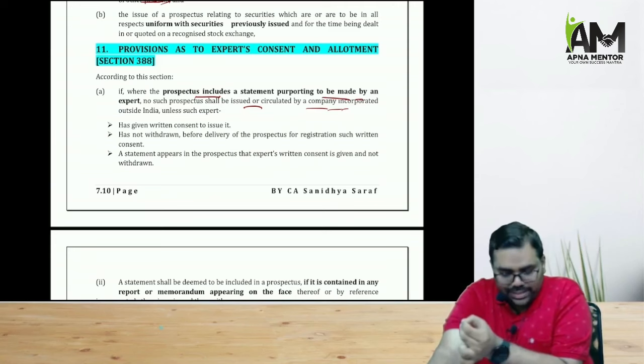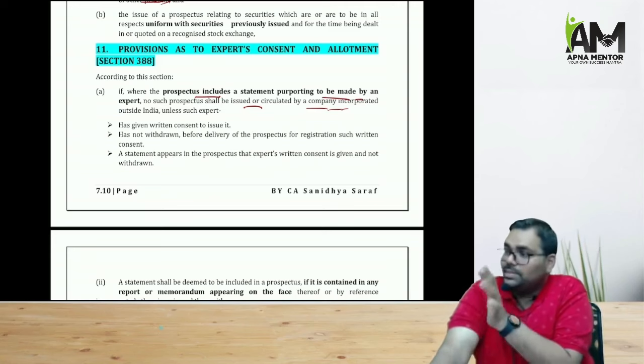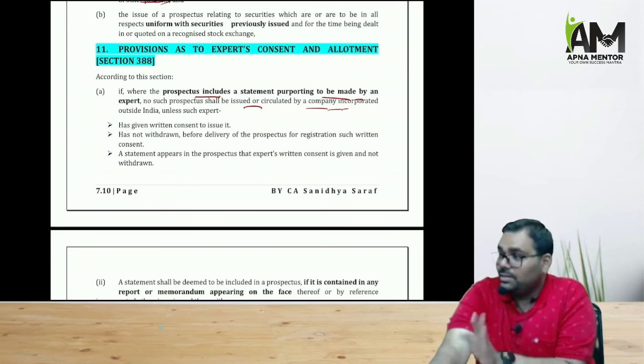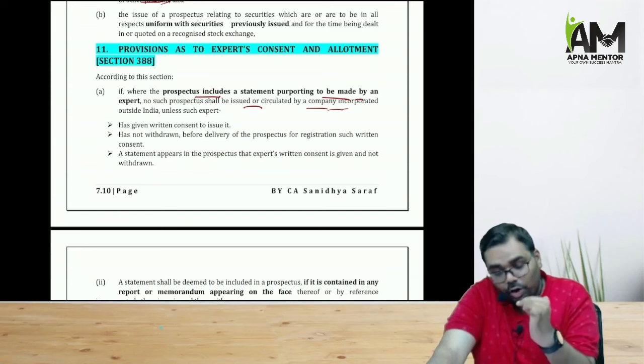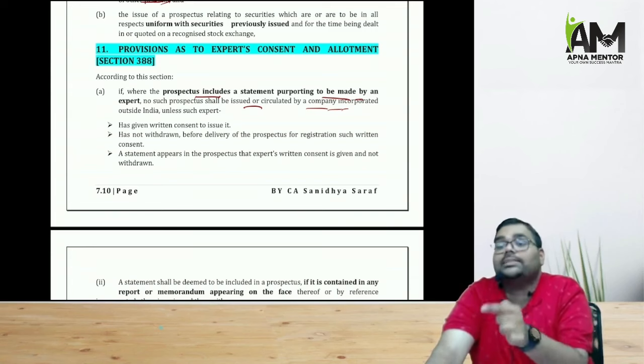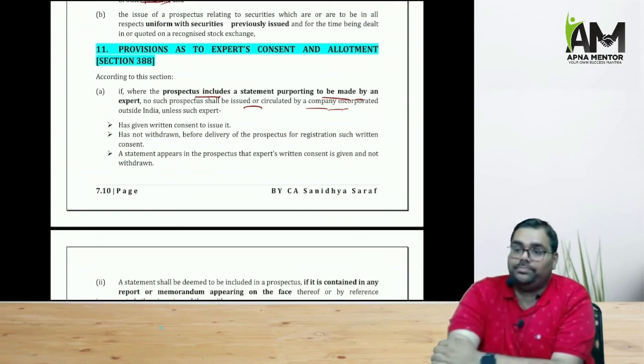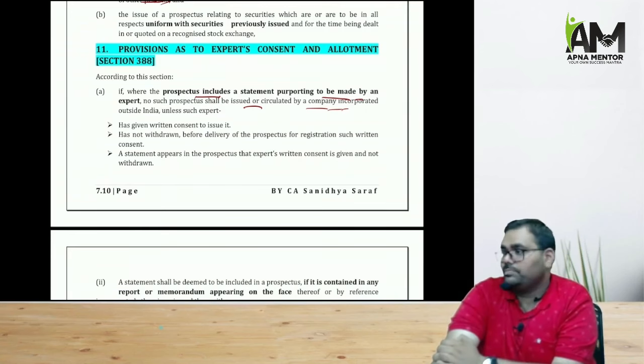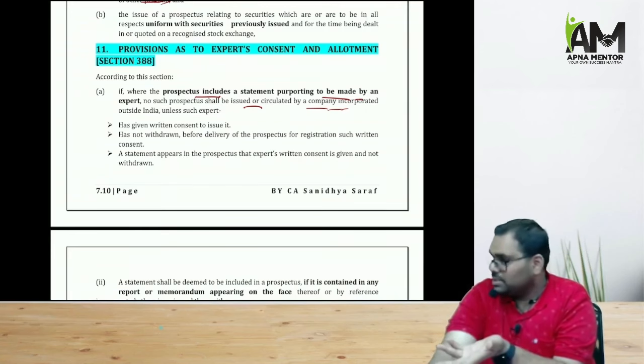So what the law says is that if the prospectus is including the statement of any expert, the foreign company will not be allowed to issue or circulate that prospectus to the public unless the written consent of the expert has been obtained. Quite logical.